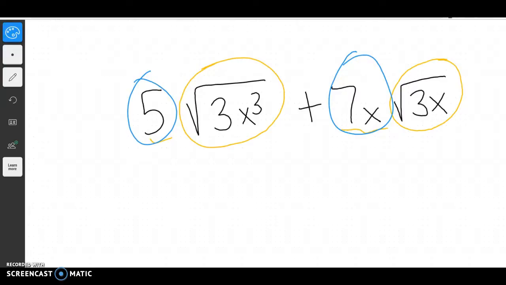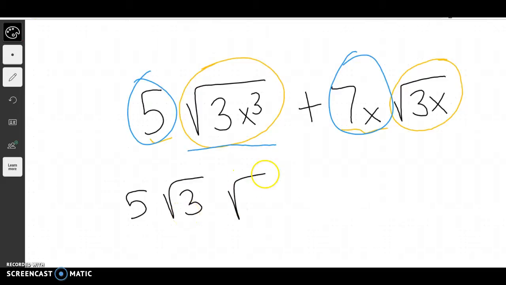The one thing I do know how to do is I know that I can simplify this first part. The 3, there is no radical 3 that will divide the 3, but we learned yesterday that the square root of x to the third would really be broken up to be x squared and x. And we know that x squared and the square root will cancel.